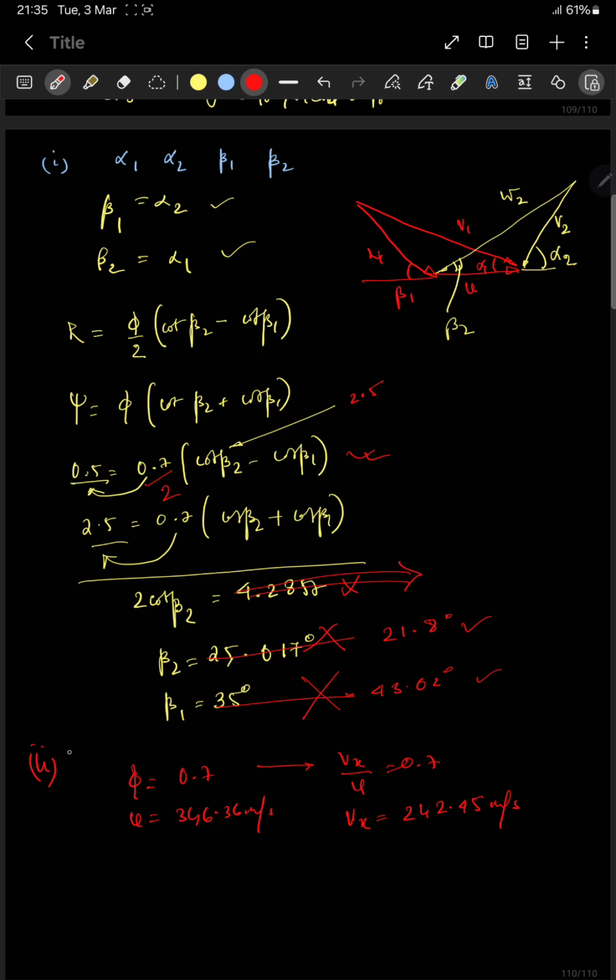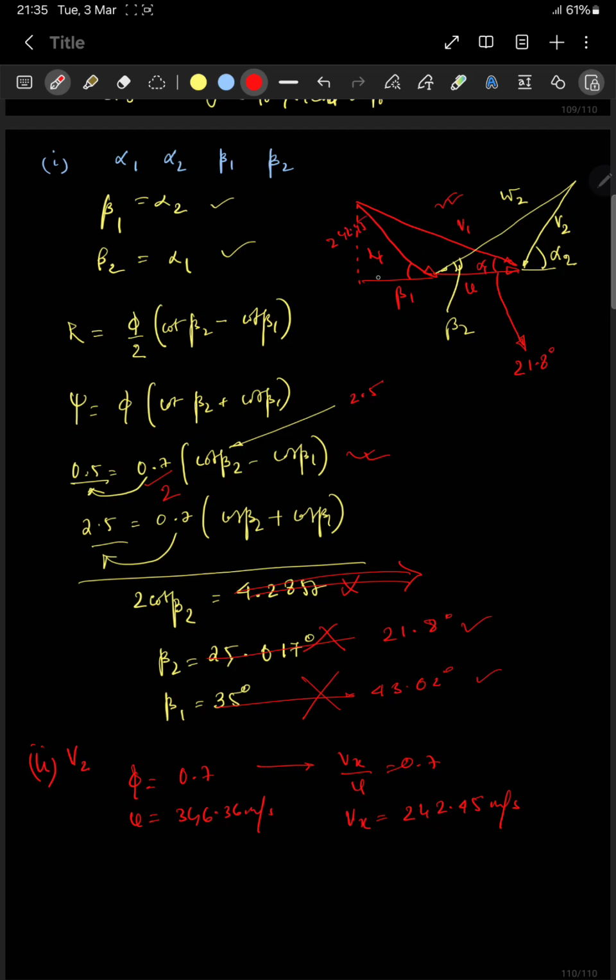So we have to find out V2, which is V1 in this diagram, right? We now know Vx. We know alpha 1. Alpha 1 is beta 2, which is 21.8 degrees. Vx is 242.45.